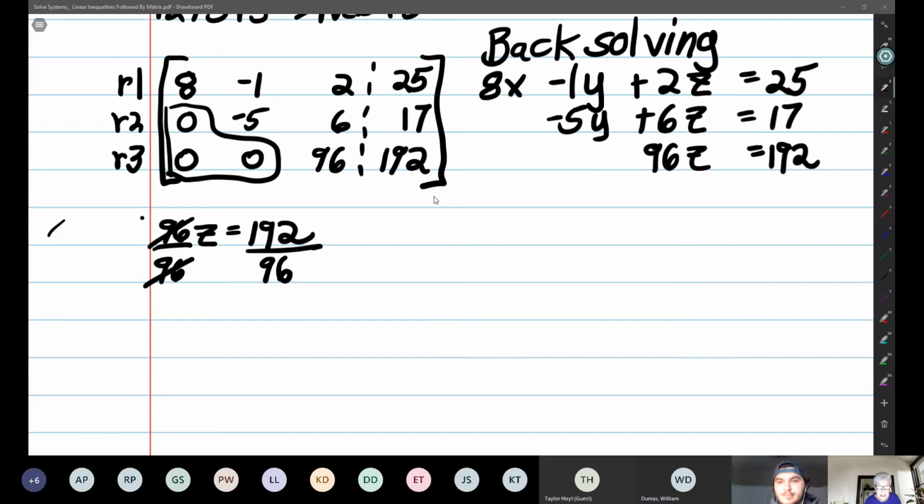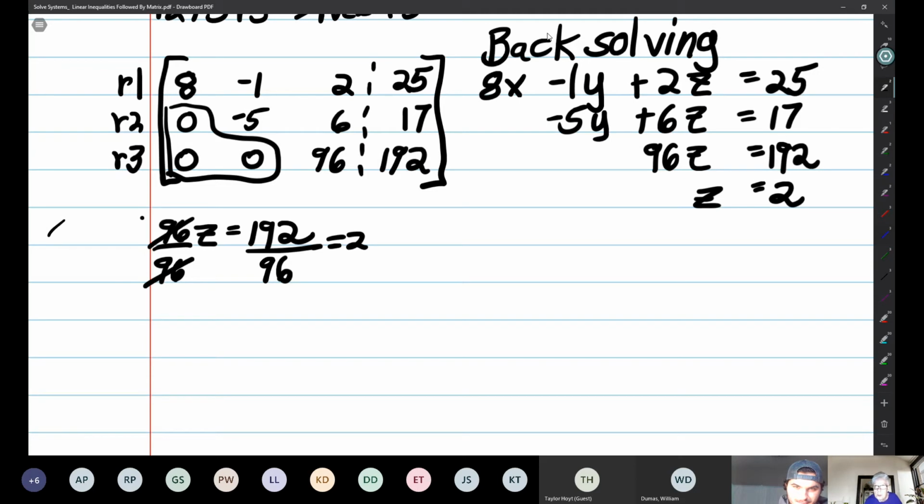I don't know if you can see my calculator, but trust me, I've got it. But it's virtual, so I'm waiting for it to warm up. Okay, 192 divided by 96. Boom. Yes! Okay. So we now know that z equals 2.